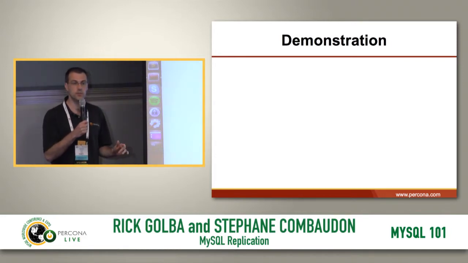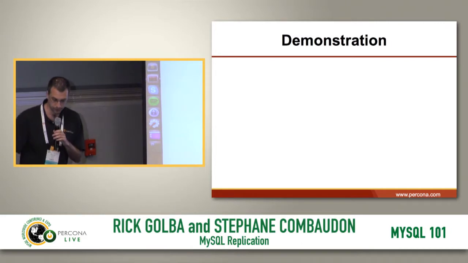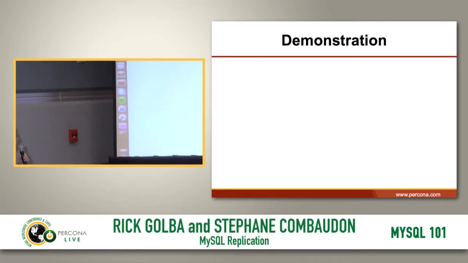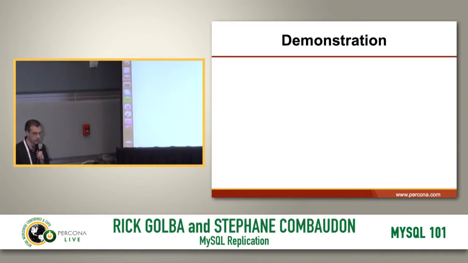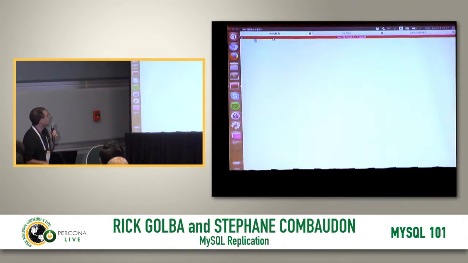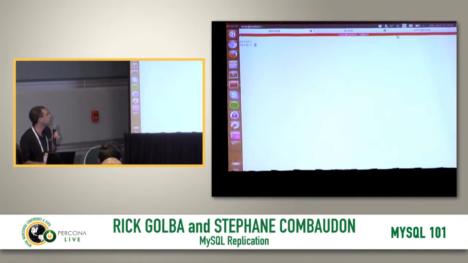Anything else? No? Okay. So what I suggest here is to start with the basics. I have 3 windows here. The first one will be a window for the master. Then we'll have a slave, and we'll have an app server.